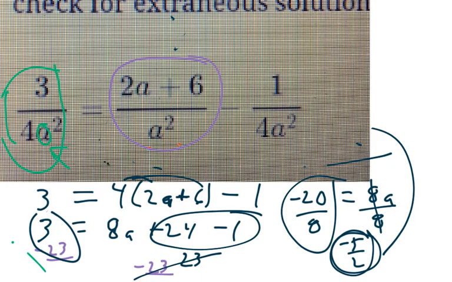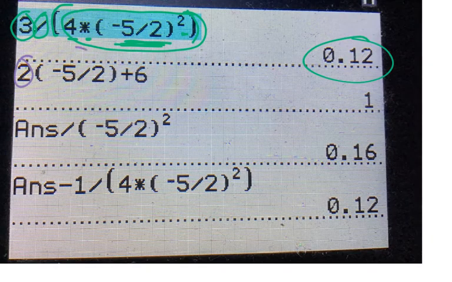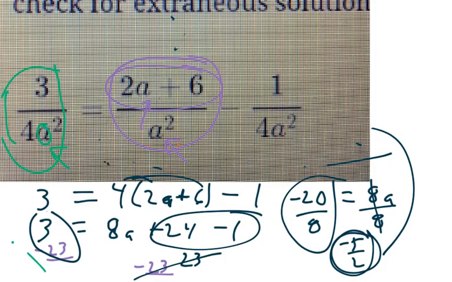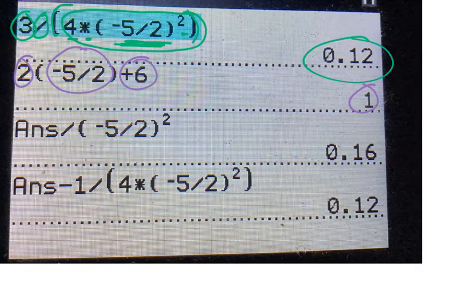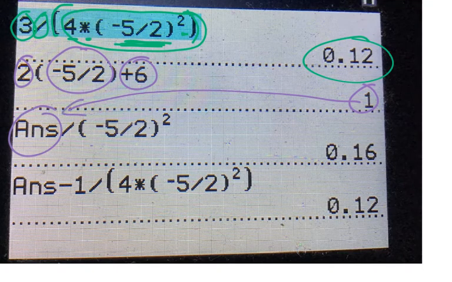If you look at my middle expression, I'm going to have to plug it in there and in there. So let's do the numerator first. I'm going to do 2 times the negative 5 halves plus 6. What we're doing again, guys, is verifying and checking our answer to make sure it works. I get a 1, right? Now, I just did the numerator here. I need to divide by a squared. So I'm going to take my answer here and divide by the a squared. I get 0.16, right?